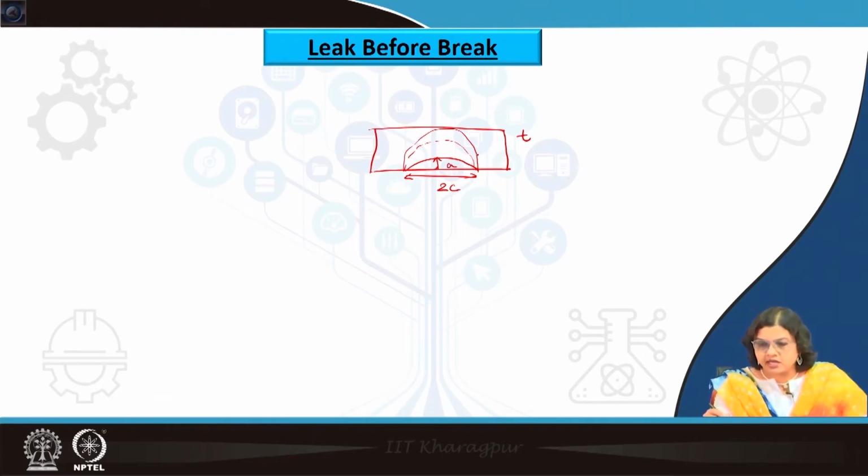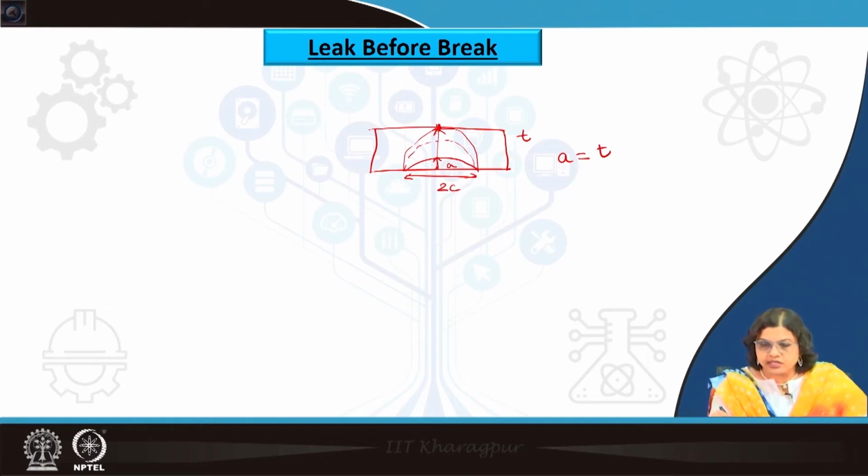So, in that case, if it grows such that this a, the length of the minor axis, which is now equivalent to the half length of the major axis, becomes equal to the thickness of the cylinder, then there will be leakage exactly at the point of contact between the crack faces and the cylinder wall.